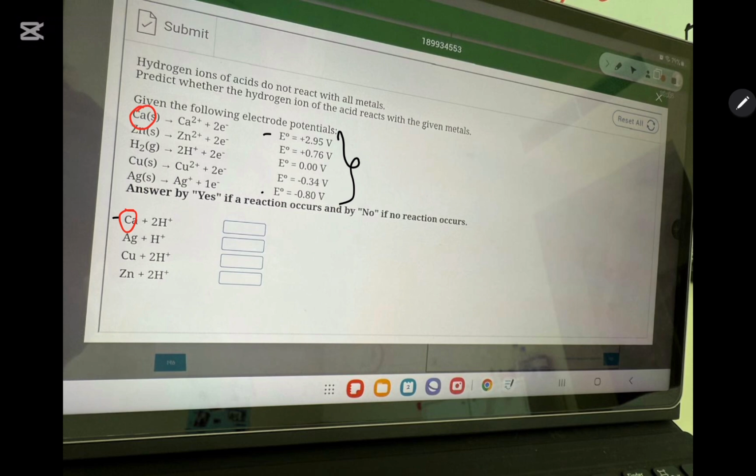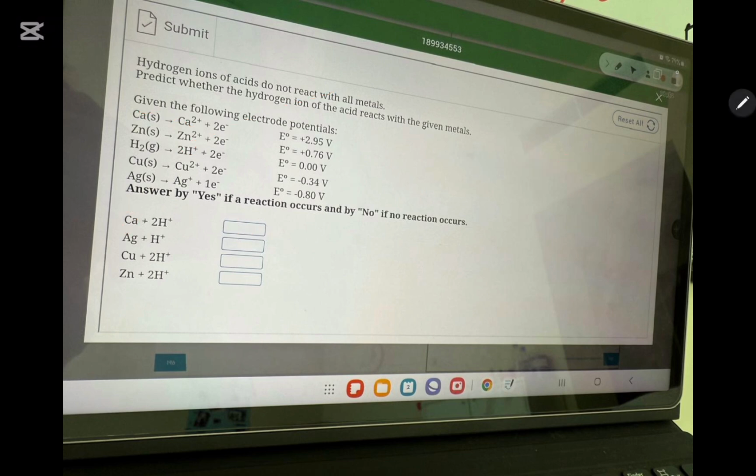Then we have 2H plus, and then we need to see, does it work or does it not work? So Ca, we go around 2H plus and we go up. This, we call a gamma trick. It makes the form of a gamma. If it makes the form of a gamma, which in this case it did, then yes, a reaction will occur.